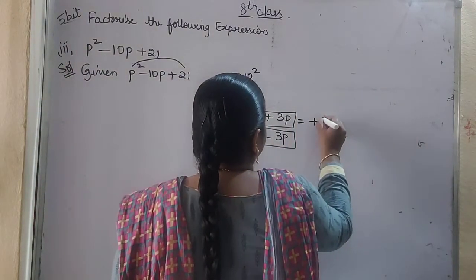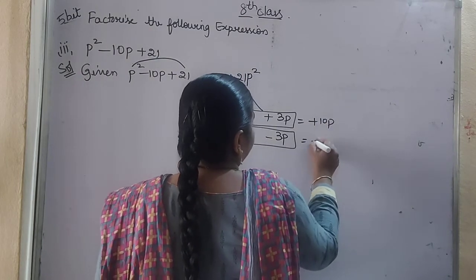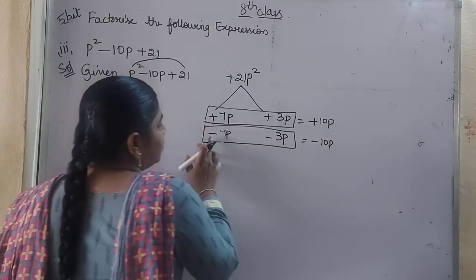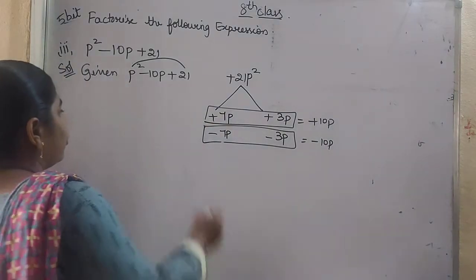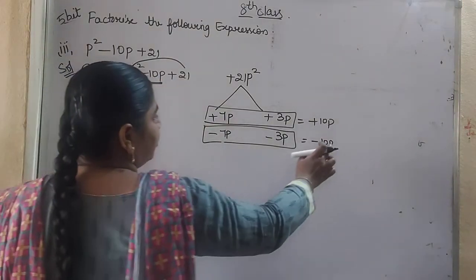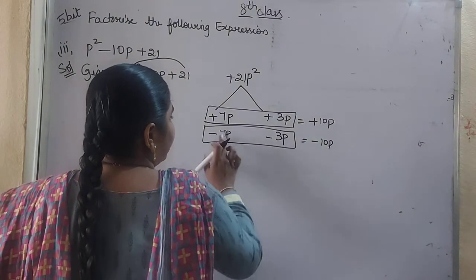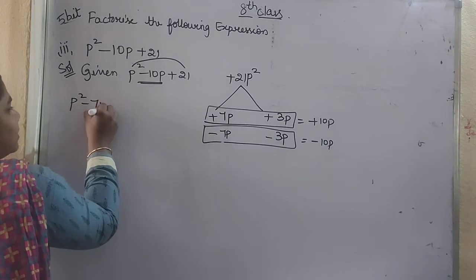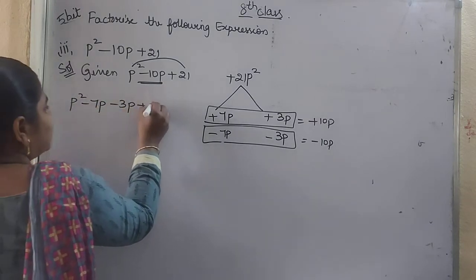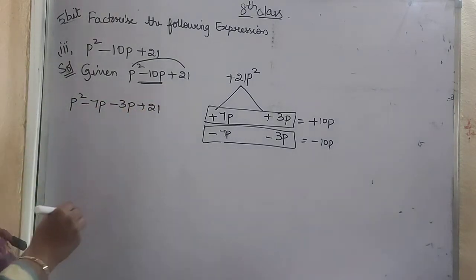Here it will be plus 10p and here it will be minus 10p, because the bigger number sign is minus here and here the bigger number sign is plus. So we want this minus 10p. So in place of this minus 10p, we can substitute these two values. So p square minus 7p minus 3p plus 21. Now take out the common terms.